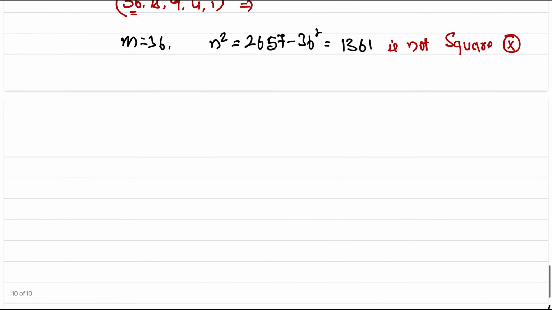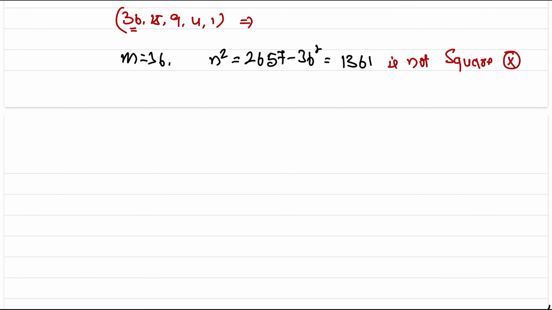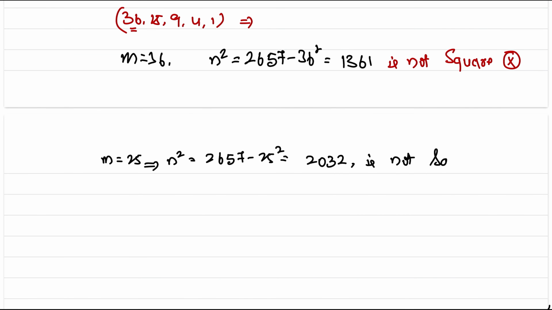Now 25. m is equal to 25. n square is equal to 2657 minus 25 square, 2657 minus 25 square. 2032 is not a square.